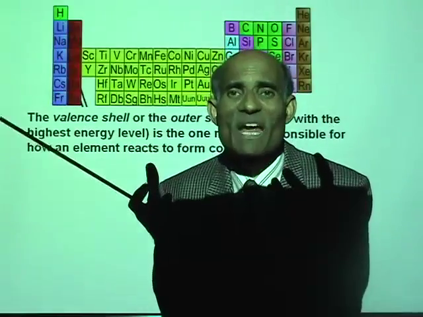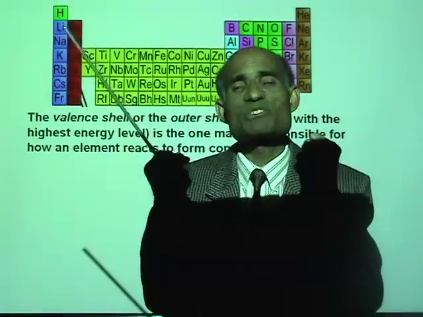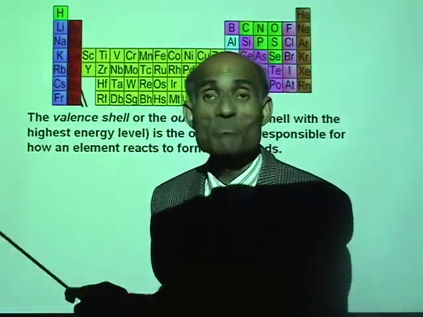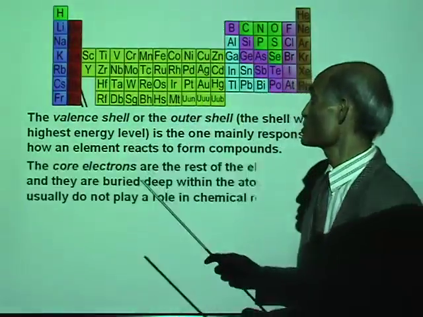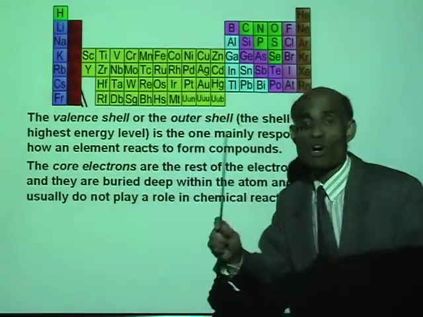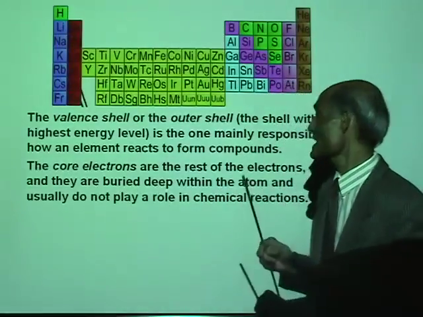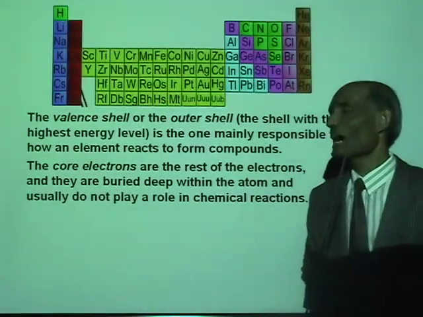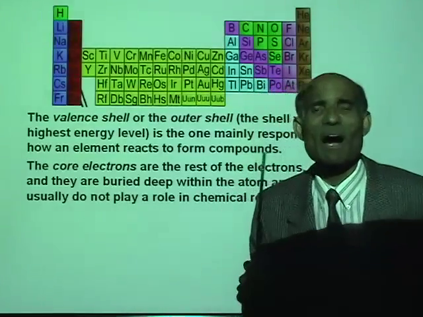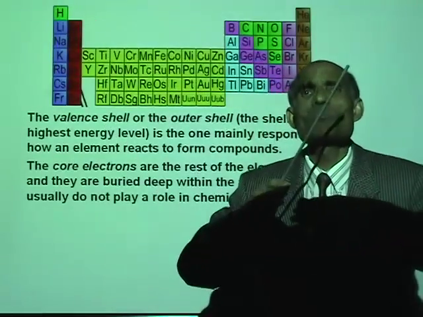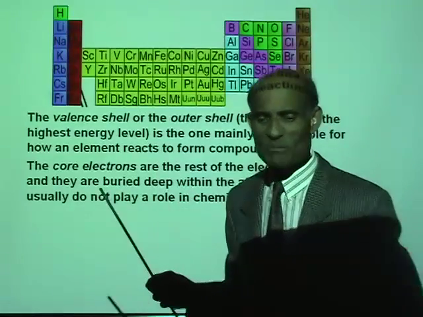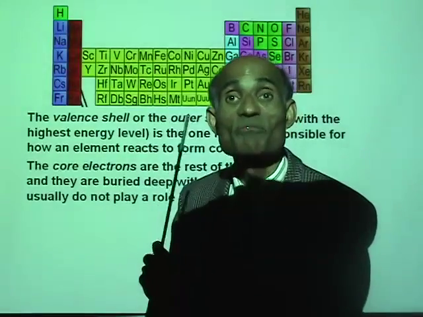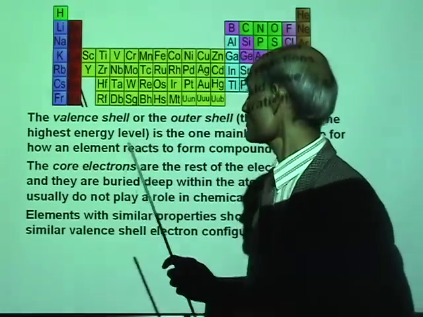So the chemical reactions between elements are actually dictated by the number of valence electrons, the number of electrons in the outermost shell. The core electrons, electrons which are at the center, they are buried deep within the atom and usually do not take part in chemical reactions. They don't play an active role in chemical reactions. All chemical reactions are controlled by valence electrons. All right.